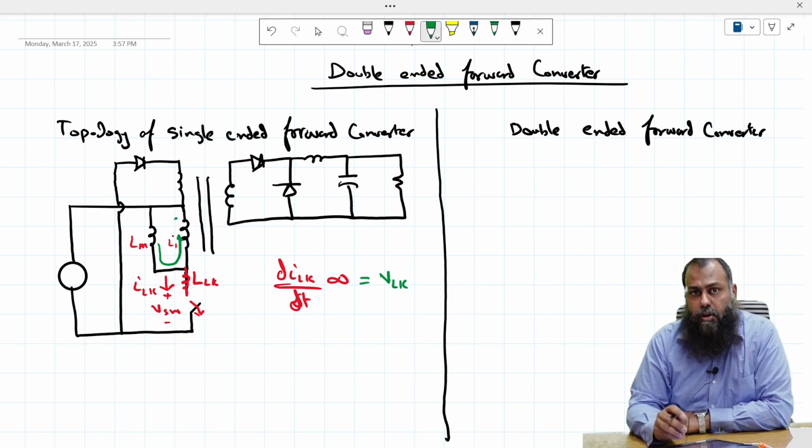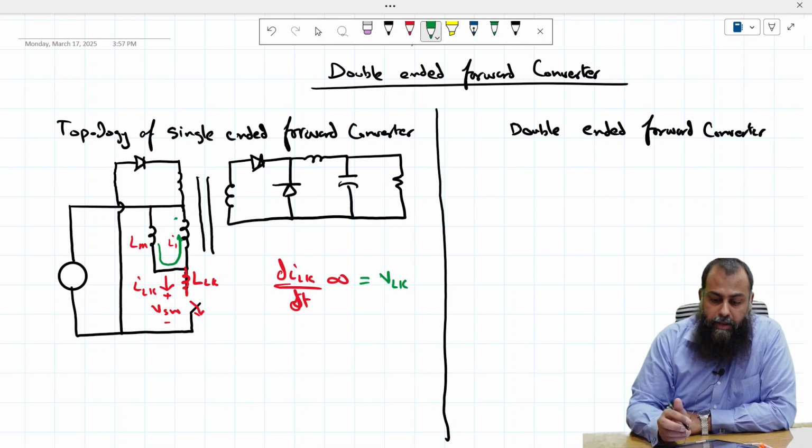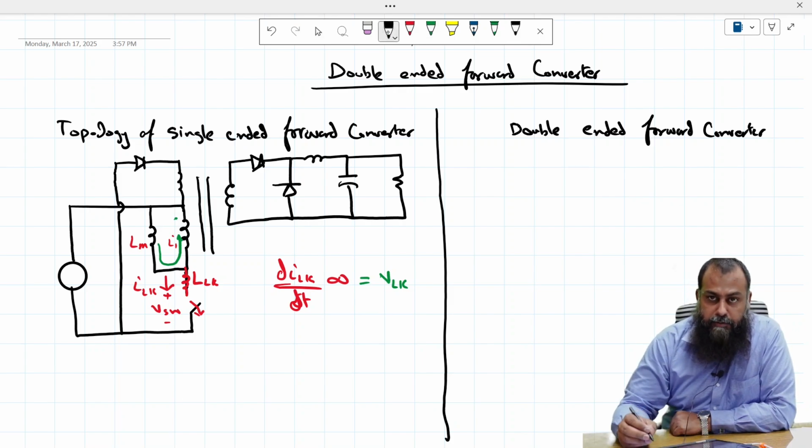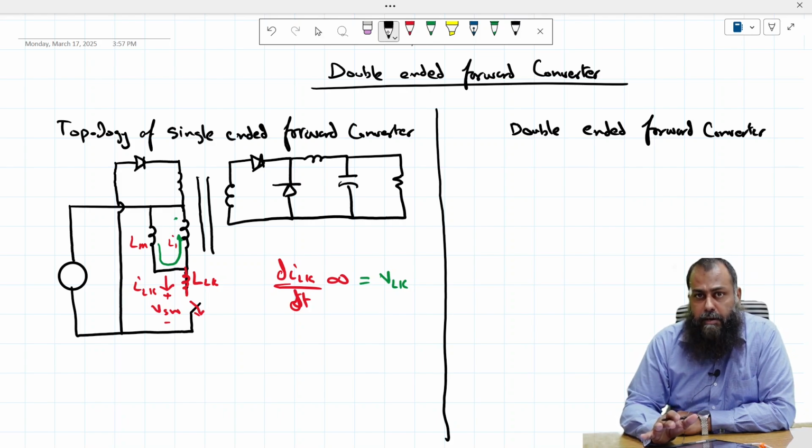So in order to solve this problem, a double-ended forward converter topology is proposed. This double-ended forward converter topology has two switches that are used to drain the transformer core to zero once the process of demagnetization of the core initiates.